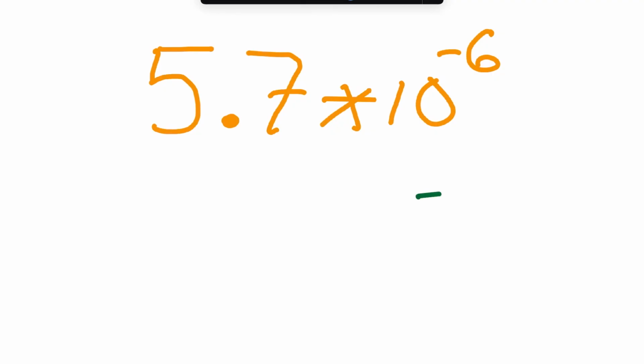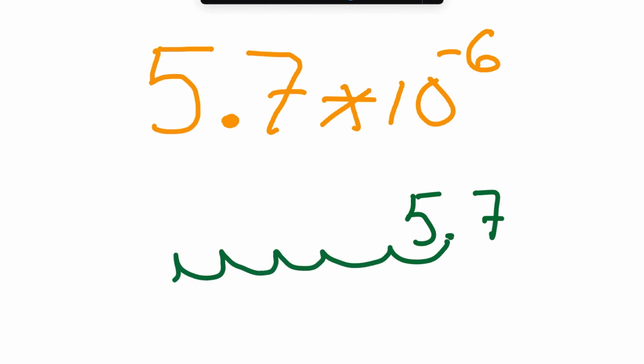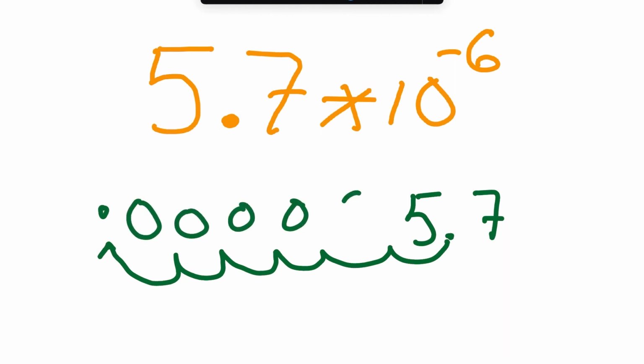So for our example we had a moment ago, 5.7 times 10 to the negative 6th power, I'm going to move the decimal point 6 units to the left. I'm going to fill in those zeros. So now I have 0.00000057.